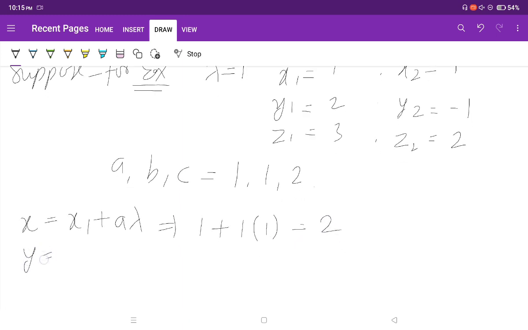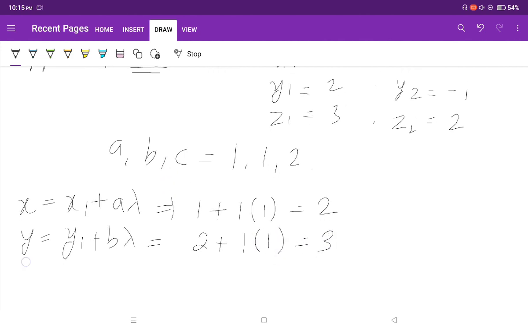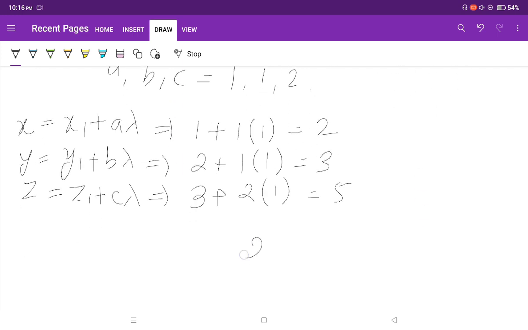Similarly y as y1 plus b lambda, so y1 as 2 plus b as 1 and lambda as 1, so we have 3, and z as z1 plus c lambda, so z1 as 3 plus c times lambda, 2 times 1, so 3 plus 2 is 5. So we have the coordinates of the point Q as 2, 3, 5, right?